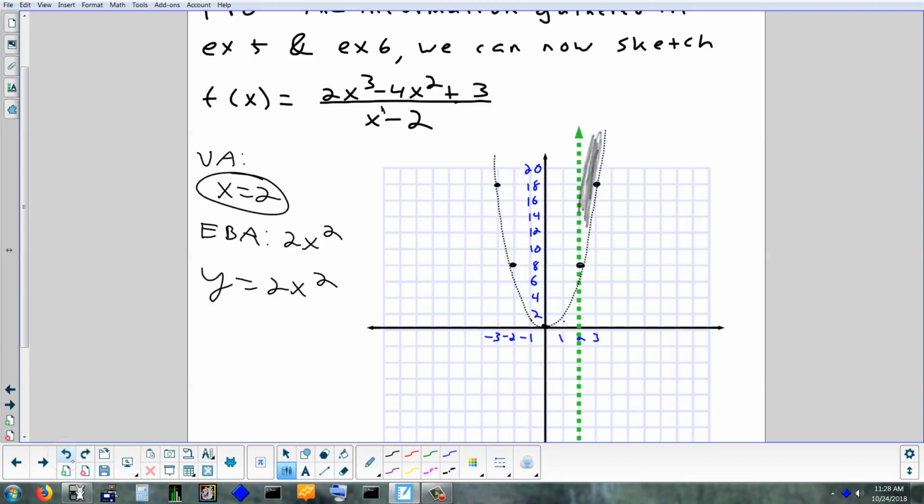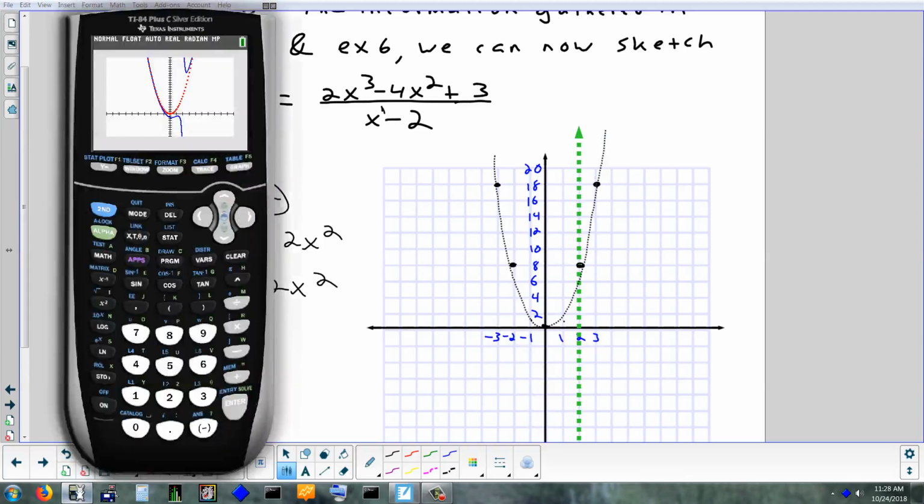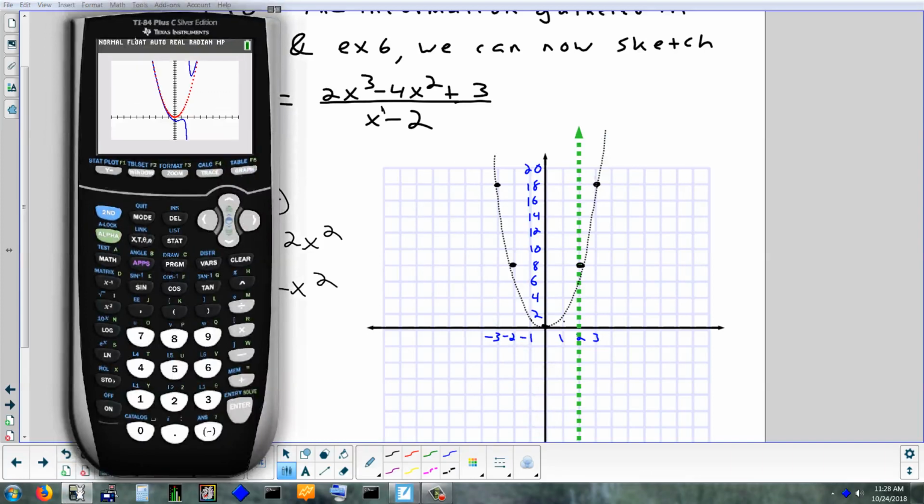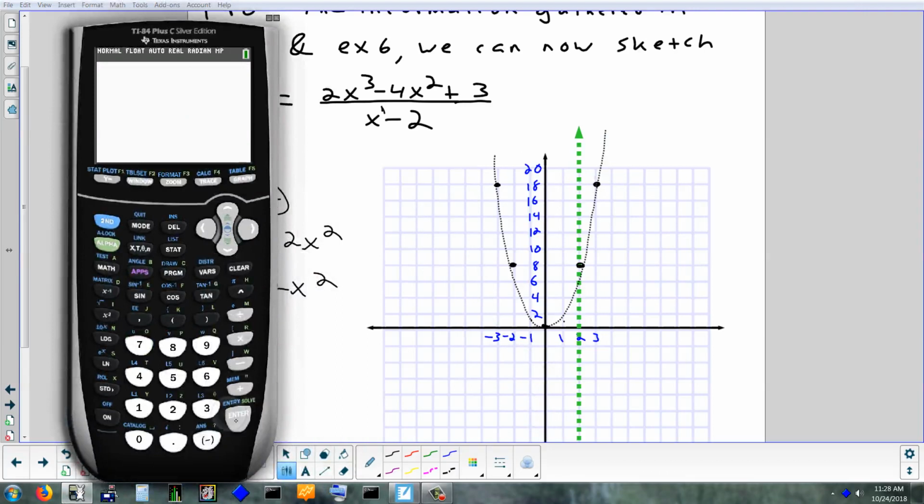So now we got to plot some points. Let's try. I think I already have it typed in. Don't worry about y2. That's just the asymptote. Focus on y1. All right. Well, we know if we type in 2, that should be an error. Let's try it. Yeah, it is.